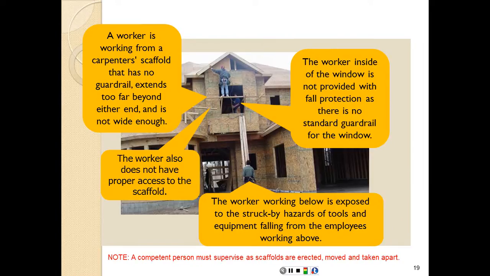Worker does not have proper access to the scaffold. How did he get there? Just by jumping or climbing from the window. The worker inside of the window is not provided with fall protection. There's no standard guardrail, and the worker working below is exposed to the struck by hazards of tools and equipment falling from the employees working above. He is not wearing a hard hat.